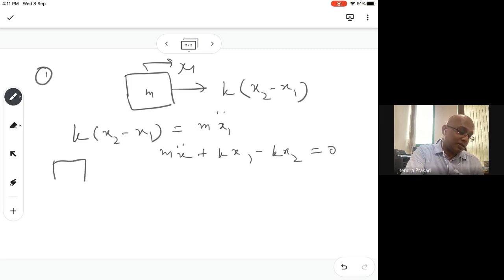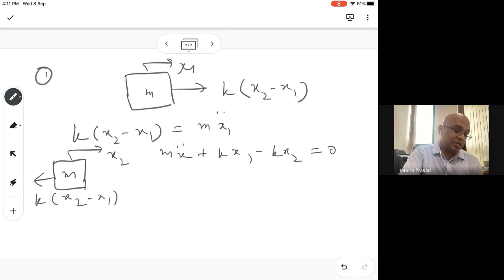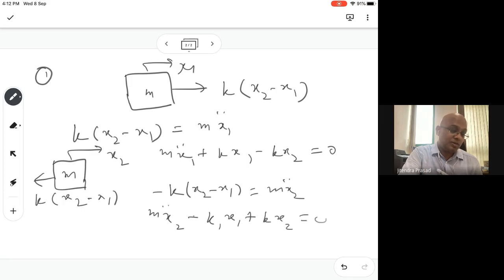Now for the second one you have m and x2, and in the opposite direction you have force k(x2 minus x1), and hence you get minus k(x2 minus x1) is equal to m x2 double dot. So the equation is m x2 double dot minus k x1 plus k x2 is equal to 0.